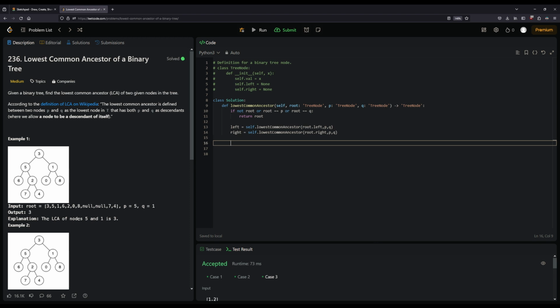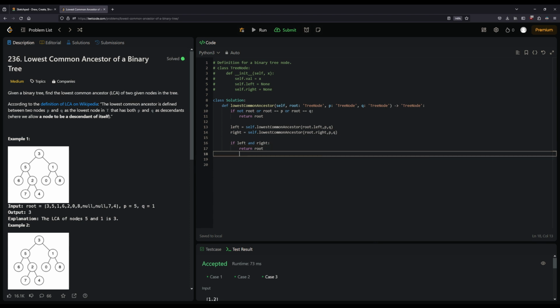If I have both a left and a right node, then I know that the current node I'm staring at is an ancestor for both of the nodes P and Q. So if left and right, return root. In this case, because we already found both of them, what we're returning now is the lowest common ancestor.